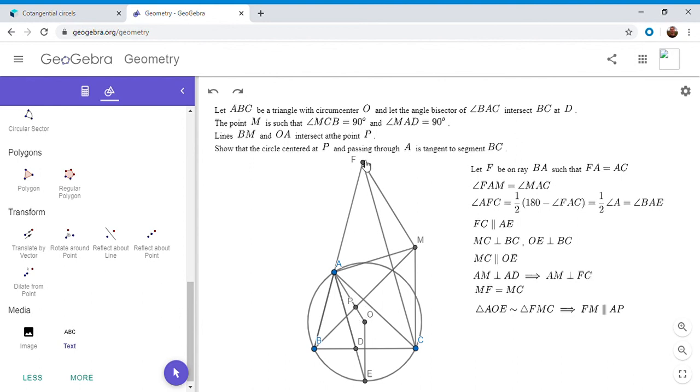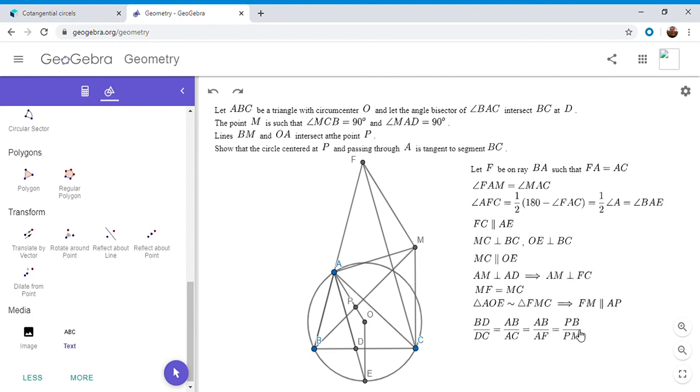So FM is parallel to AP. And if FM is parallel to AP, that means now we can use ratios on the triangle BFM. And so we would get AB over AF is BP over PM.